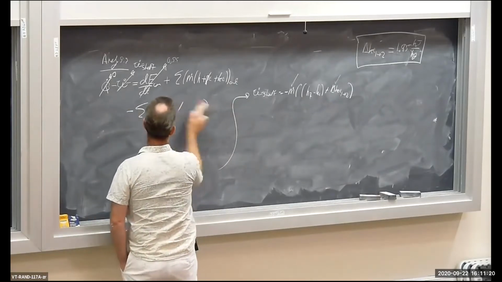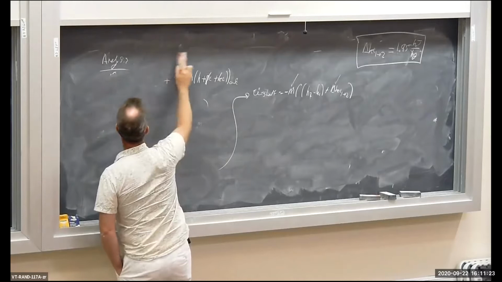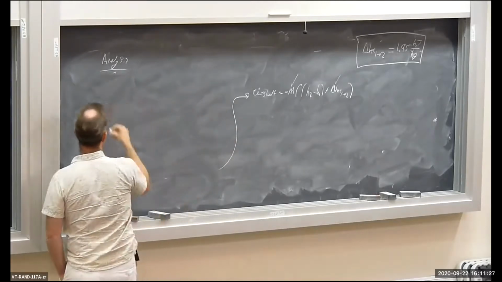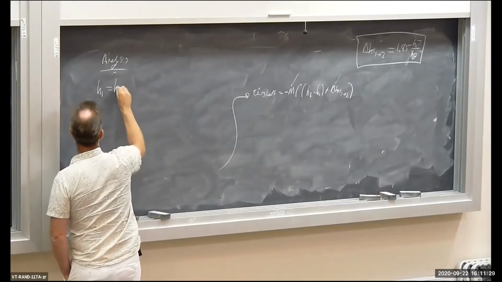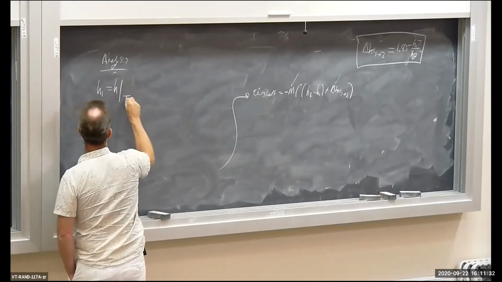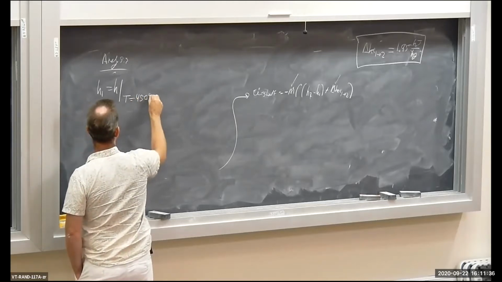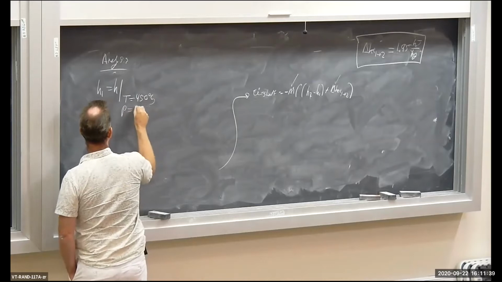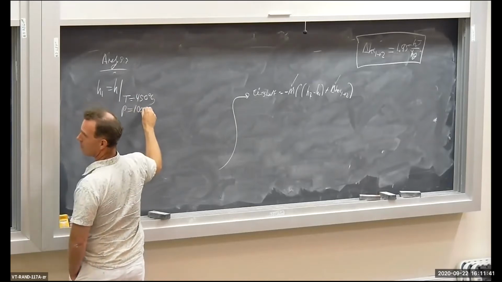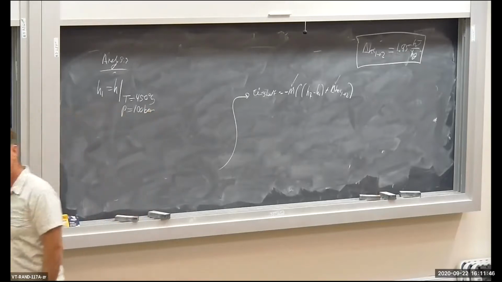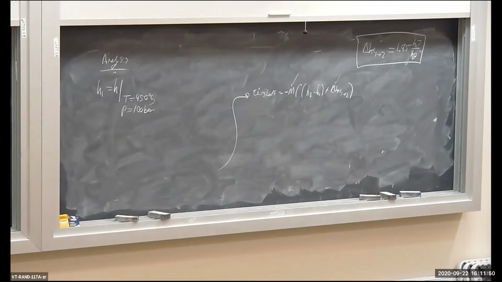Well, let's find the specific enthalpy at the inlet. H1 equals specific enthalpy of the steam evaluated at a temperature of 450 degrees C and a pressure equal to 100 bar. Let's see if we can find this temperature and pressure. Maybe we'll have to interpolate, but let's see if we can find something in the steam tables.